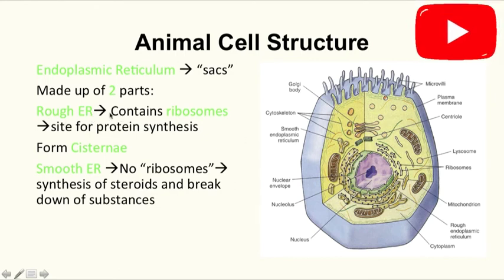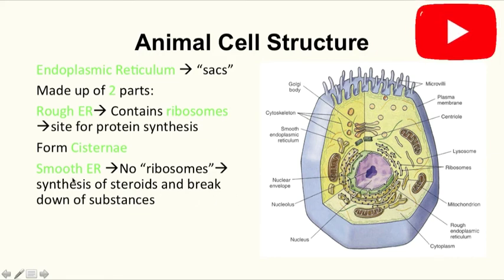Now, why is a certain section called the rough ER? It's rough because it contains these things called ribosomes. We'll get to what that is in a minute, but just keep that in mind. This is the main site for protein synthesis within the cell. And then the second part is the smooth ER. Why is it called smooth? It's because it doesn't have ribosomes, so it has a smoother and flatter surface.